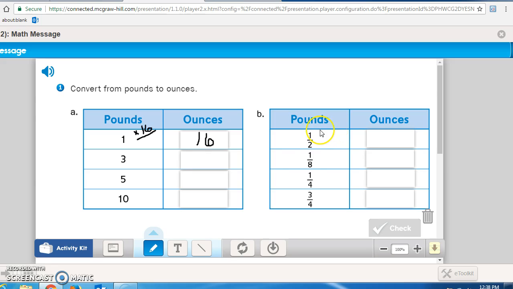Now let's look at converting fractions to ounces. Well, remember, if I'm doing a half a pound, I'm cutting the ounces in half. So half of 16 is 8. There are 2 ounces in each group, so 1/8 pound equals 2 ounces.